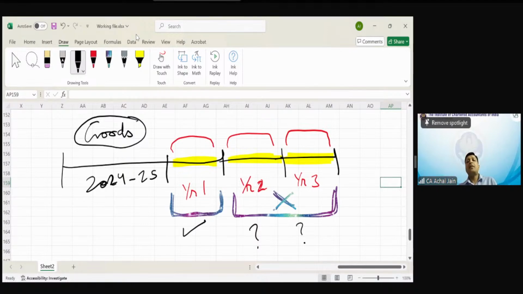Will this not have any impact on the amount of provision? Everyone, please confirm. Will this have some impact on the amount of the provision or not?